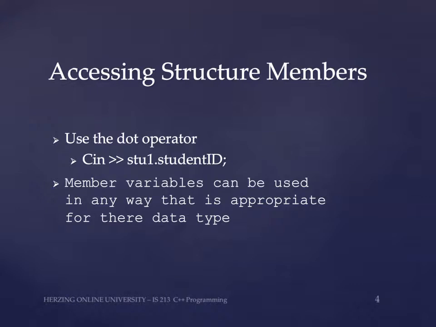You can also have other members such as student name, which would be used as stu1.name, or the GPA, which will be stu1.gpa. And these member variables can be used in a manner appropriate for their data type.